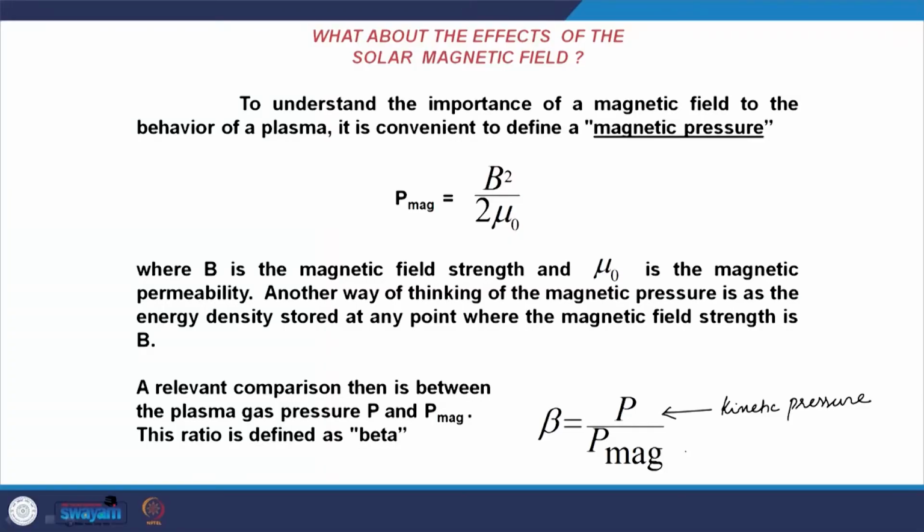Here P is the gas pressure or kinetic pressure, and P mag is the magnetic pressure.